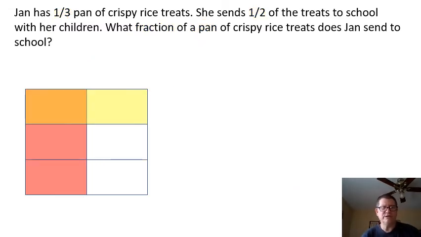Look at this. When we slid the 1/3 into the half, notice we have this one orange one right here in the corner. Okay, so we know we took 1/3, we multiplied that by 1/2, and just like when we're adding fractions, our denominator is going to be the total amount of squares there are.